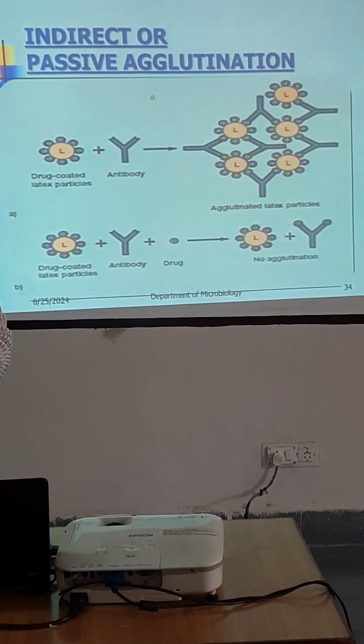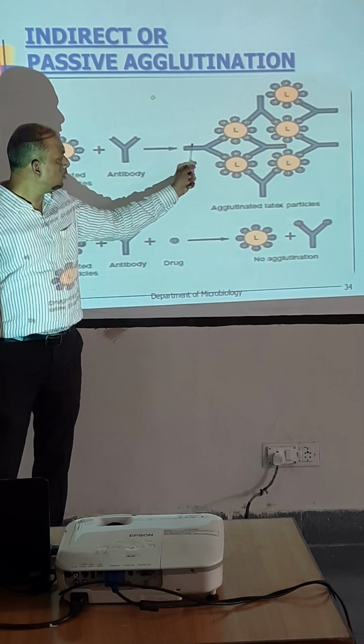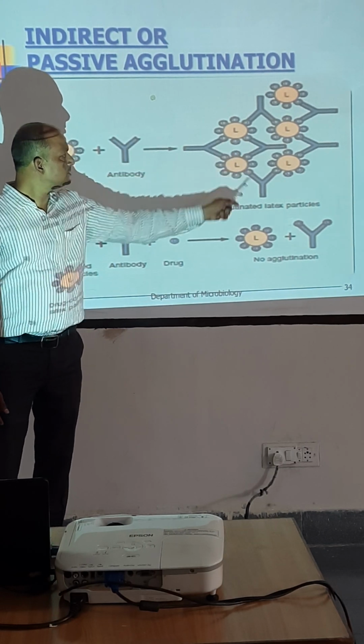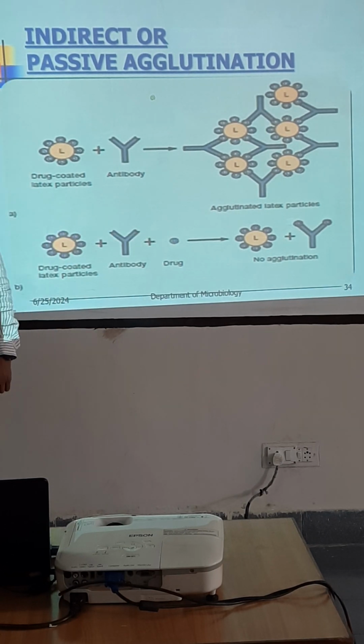You can see this is the example. Drug coated latex particles are there. This L represents the latex particle and these are the drug particles. So the drug is coated onto the latex particle, and antibodies have antigen combining sites. Wherever antibody is there, they can combine, form a lattice formation, and agglutination occurs.